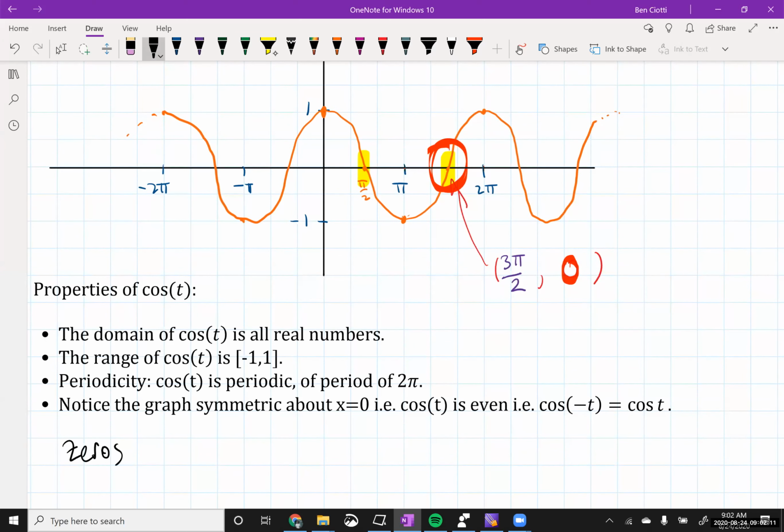If I stretch it vertically by a factor of 2, it's going to end up at pi over 2, comma 2. And similarly, okay, let's double all these y values.